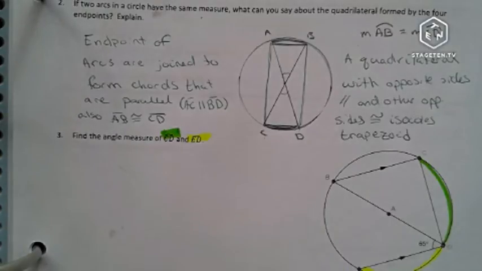These are all congruent. So this one's also 25, 65. If it helps you, label all of it. Just checking something, seeing if I'm backwards here. I think I am backwards.